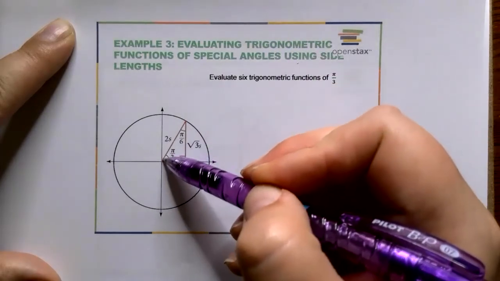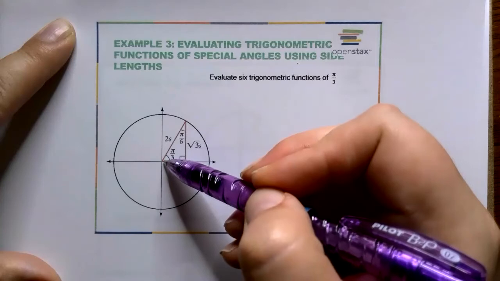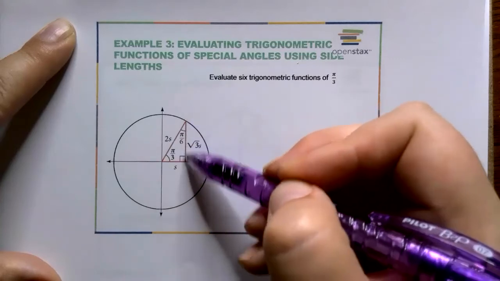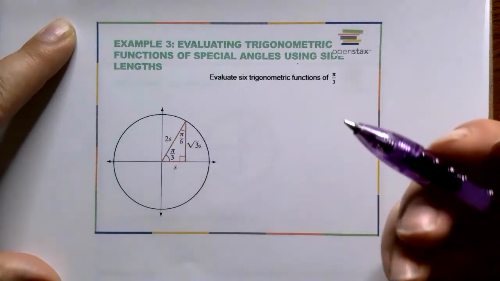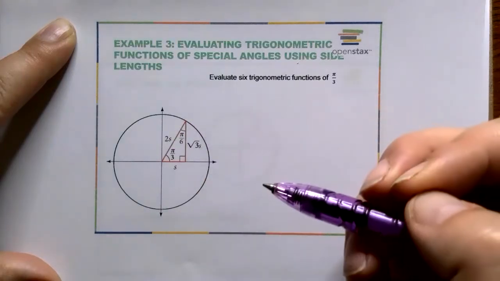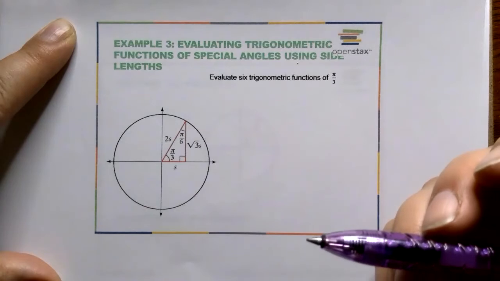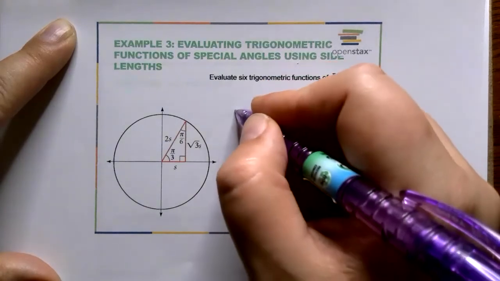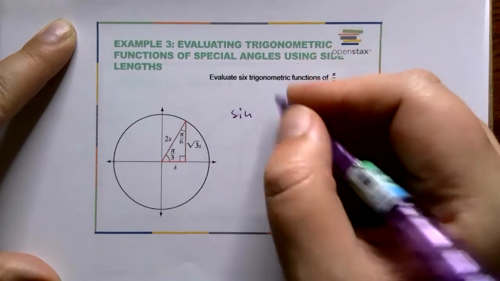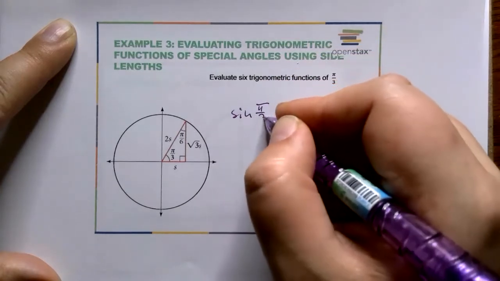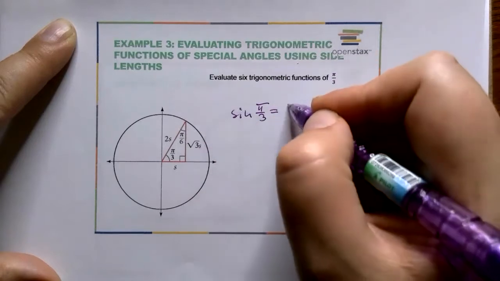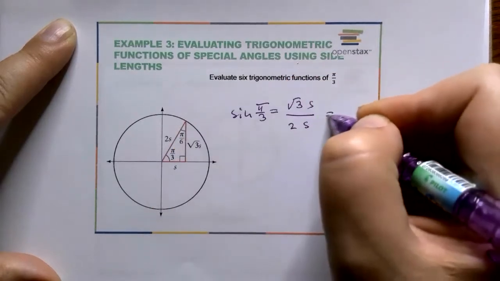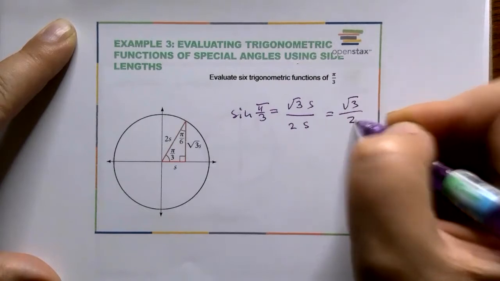And remember, like we mentioned, that no matter what the length of the radius is, or the side is, these are the relationships between their sides, the proportions of the sides, right? They don't change. So your sine of pi over 3 is still going to be opposite square root of 3s over hypotenuse, which is 2s, which is square root of 3 over 2.